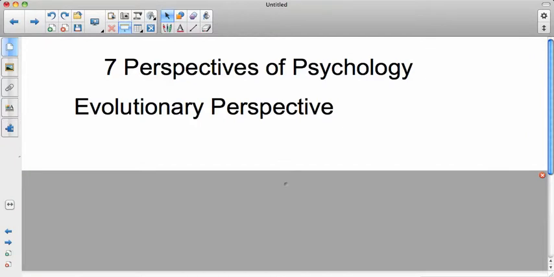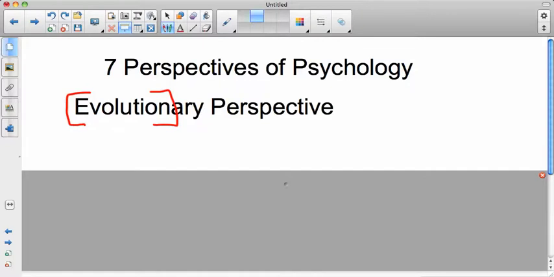So the first is the evolutionary perspective, and of course the root behind this is evolution. And so this is going to be explaining human behavior from sort of a DNA perspective, in the sense that the way we are today is a product of the past.